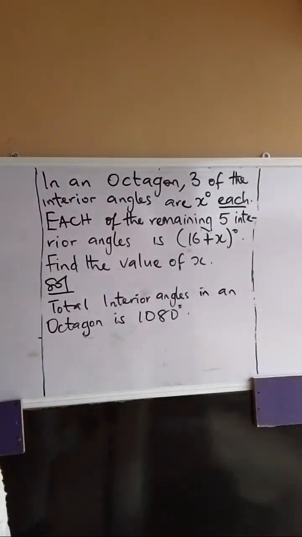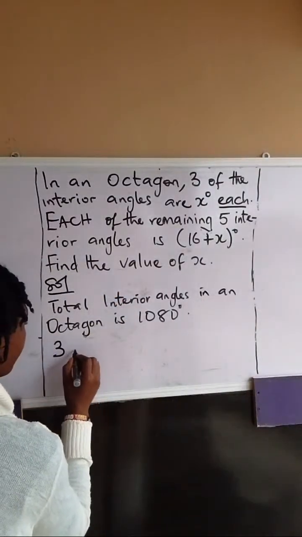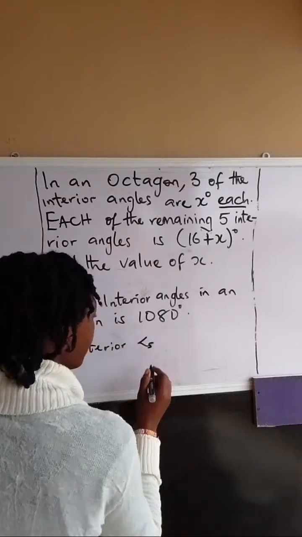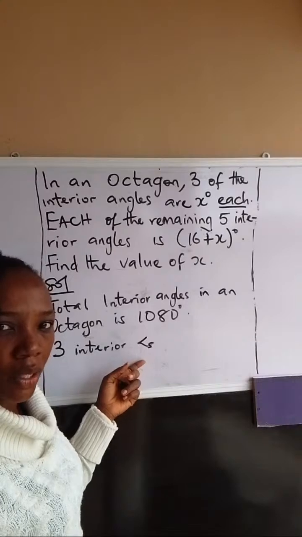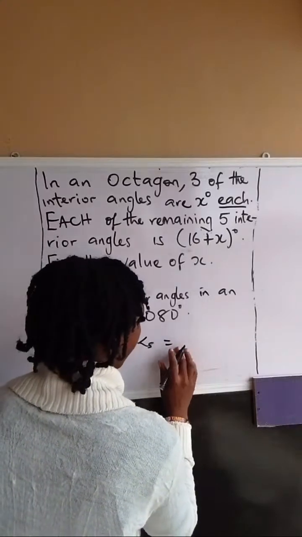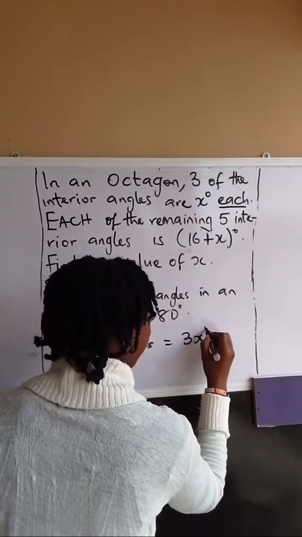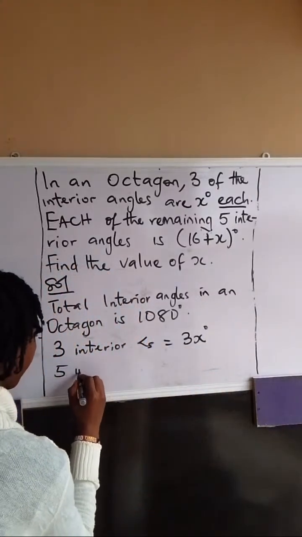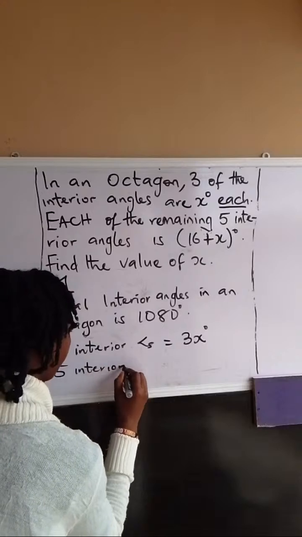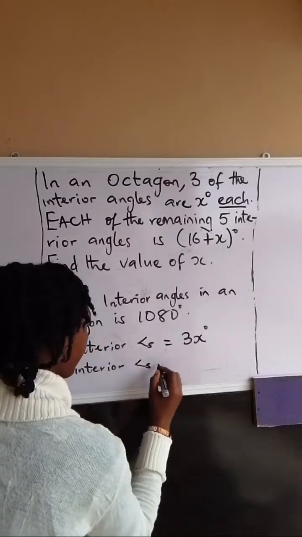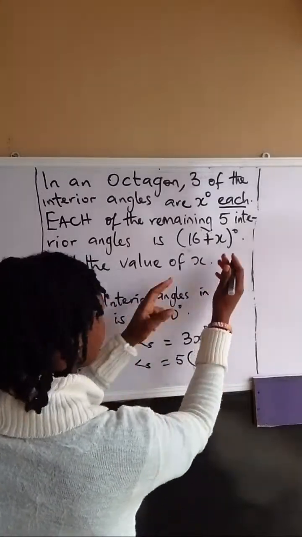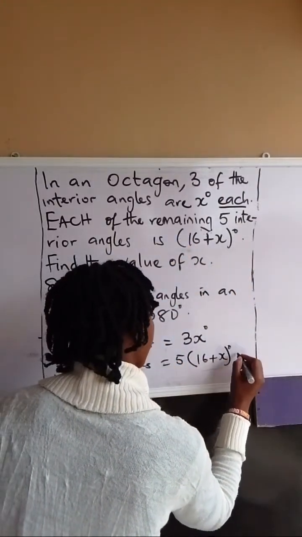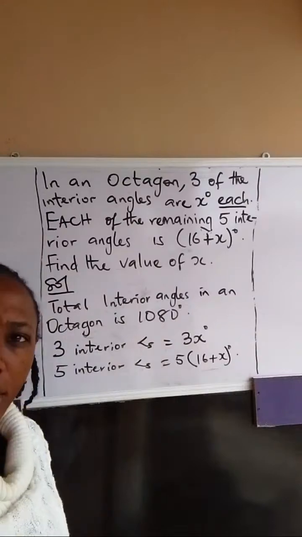The first thing we'll do is state it. 3 interior angles. This is the short form of writing angles. I think we should know that. That will give us 3x degrees. Isn't that so? And then 5 interior angles to give us 5 in bracket of 16 plus x degrees. Isn't that so?